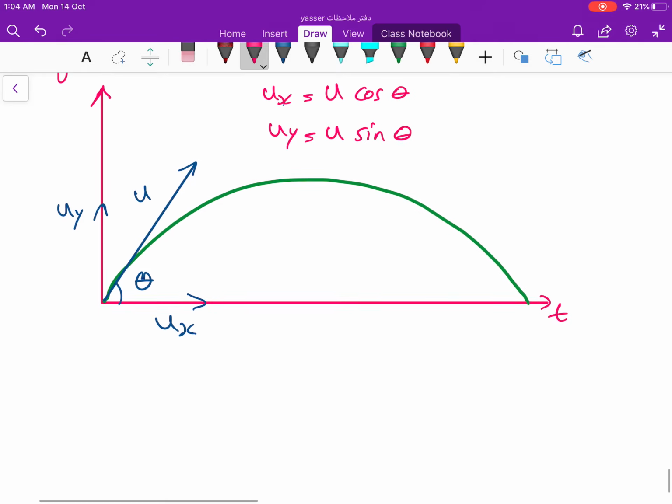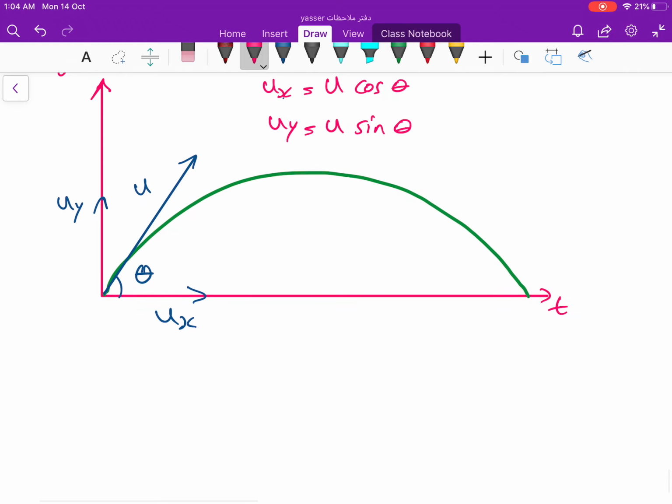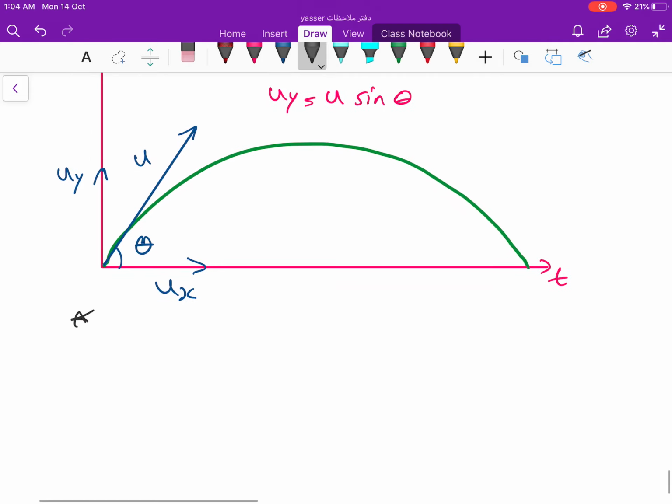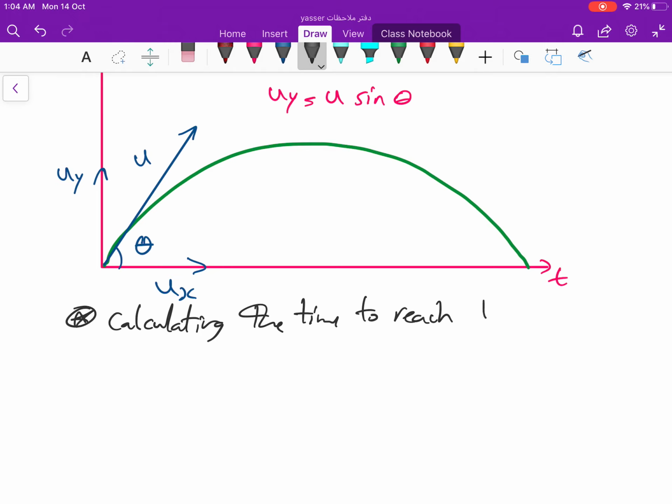What is required in this problem? The examiner may ask us for calculating the time to reach the maximum height, and also the maximum height, h max.